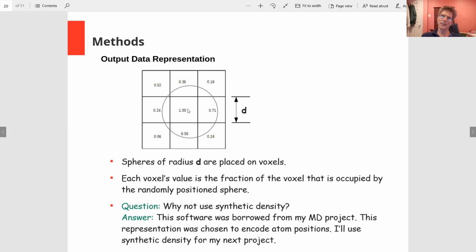And then during the inference stage, you can use this information to determine a more precise location for the atom position than just the pixel itself.